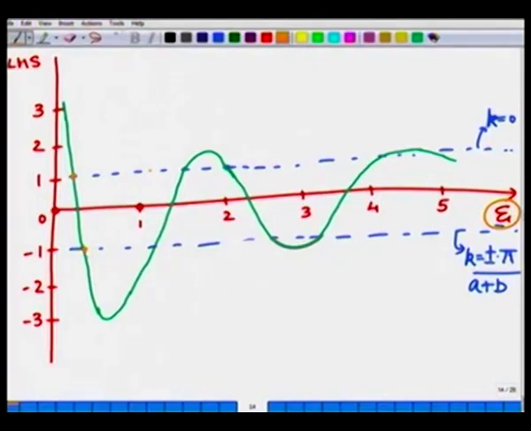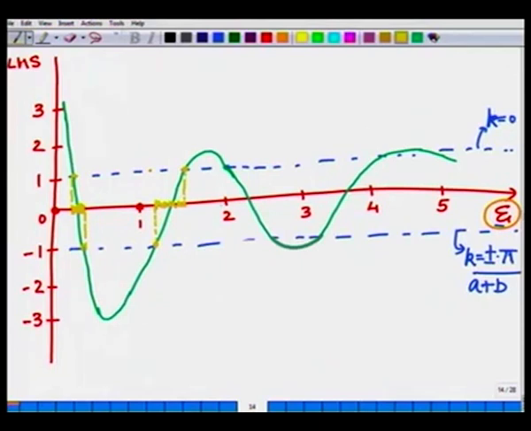Similarly, corresponding to this and this, from here to here should be the allowed values of zeta.